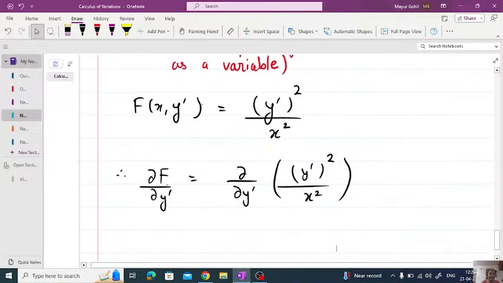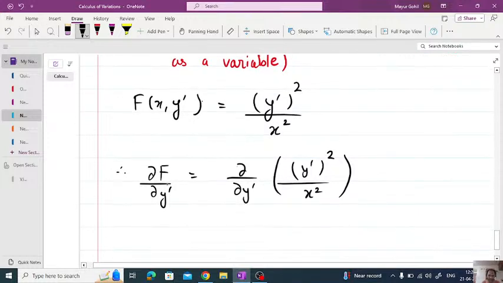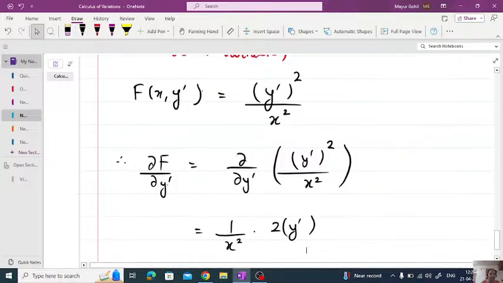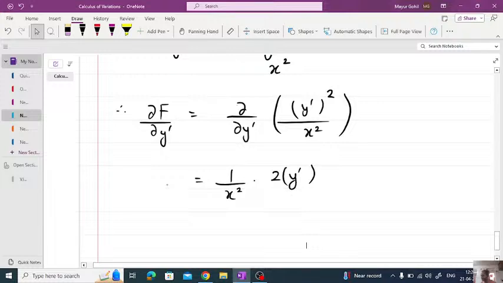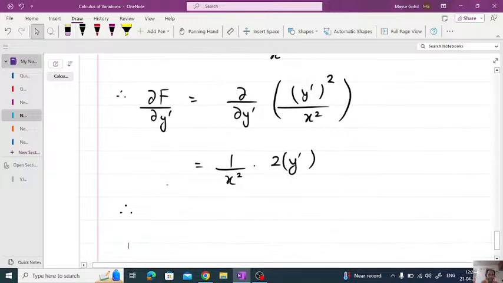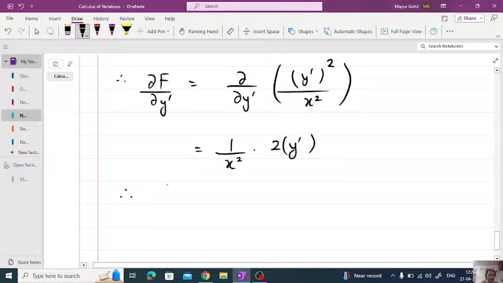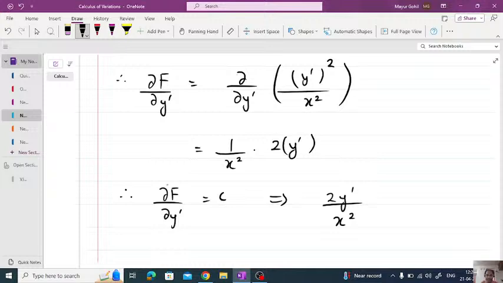Now 1 upon x square is treated as a constant, so it comes outside, and you get 2 y dash. That's it. This is what you got. Therefore, we now write this is equal to c, so the partial derivative of f with respect to y dash equals c, which implies that 2y dash over x square is equal to c.